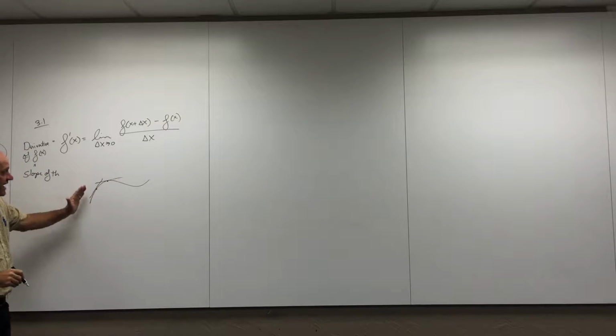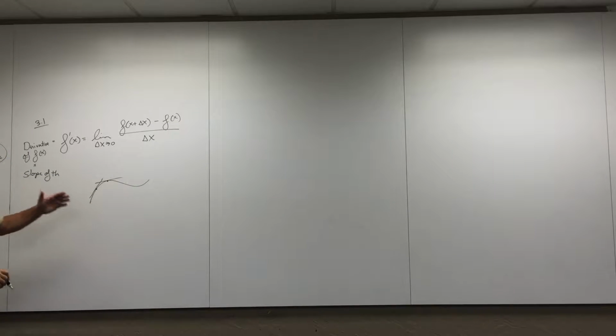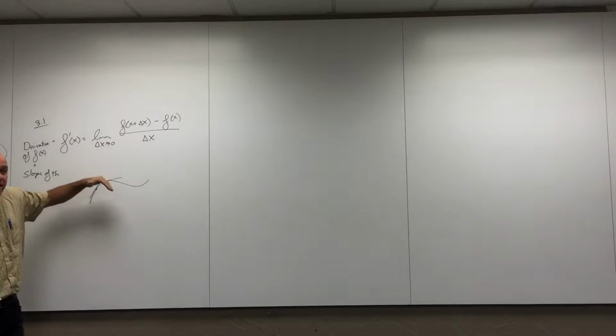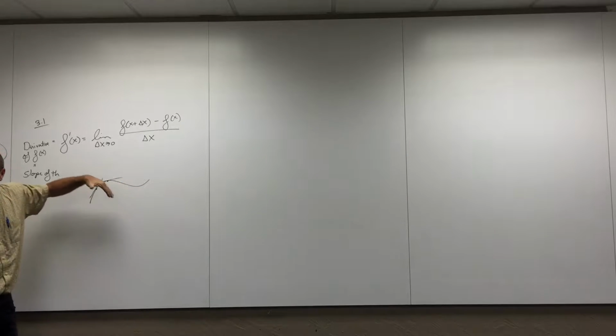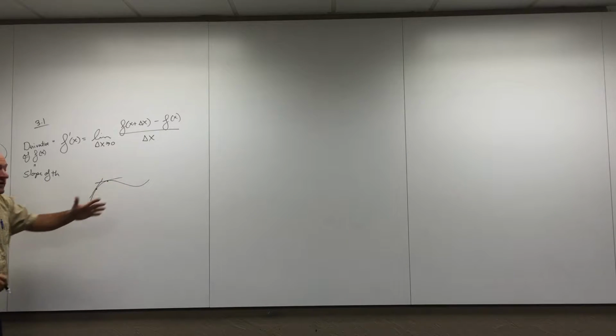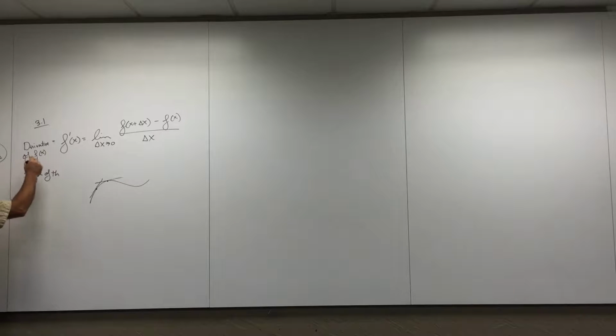So I can talk about the slope of a curve, but it's the slope of the tangent line, and it's changing all the time. It's a changing slope. So what is the derivative? Geometrically, it's the slope of the tangent line to a function at any point x.